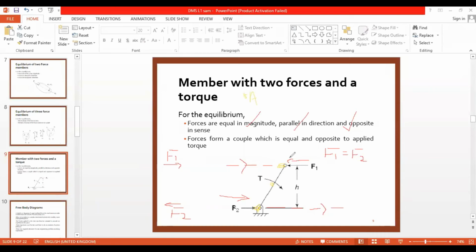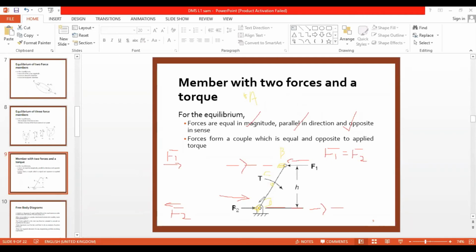So I will make that as A, this point as B, this point as C, and this point as D, right? So in order to take the moment, which point do you think easy? With any point I can make the moment. Which point do you think easy? If I say which point I would select, I would suggest D. Doesn't matter, you can go for B or C or A, anything will work, right?